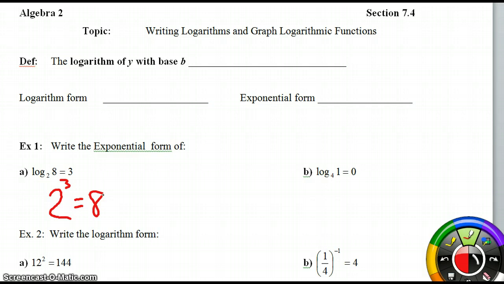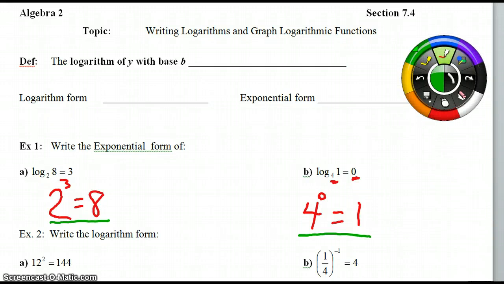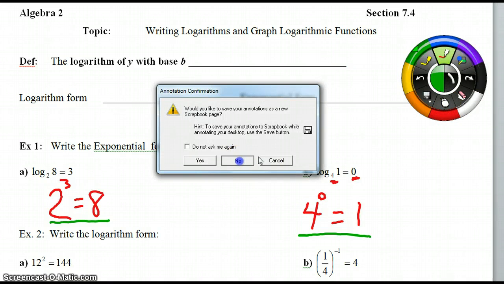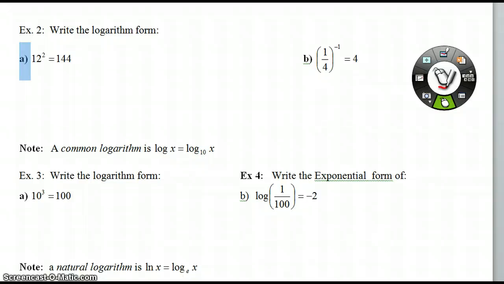So translate: this little number on the log is my base, my exponent is on the other side of the equal sign, and this equals a 1. So once you translate, let's see if it makes any sense. So 2 cubed is equal to 8. You should know that. Anything to the 0 power equals 1. So the first exercise that we're going to do today is just translating so you can get familiar with the logarithmic form. So when we do that, we're going to try exponential to log and then log to exponential.